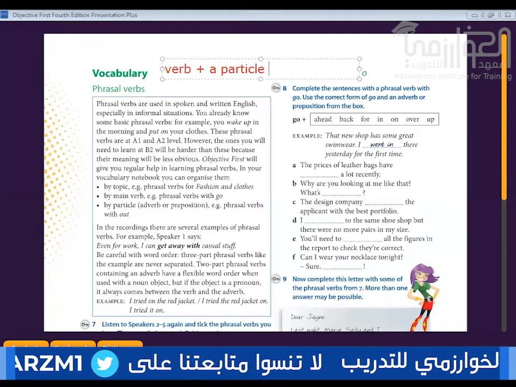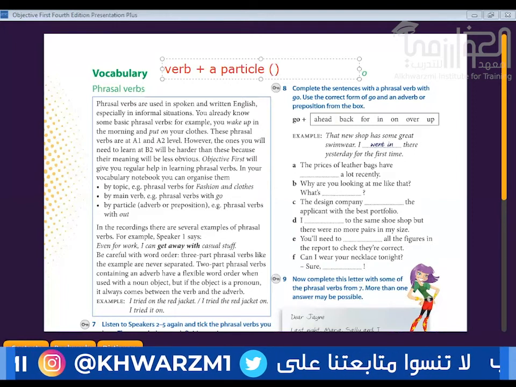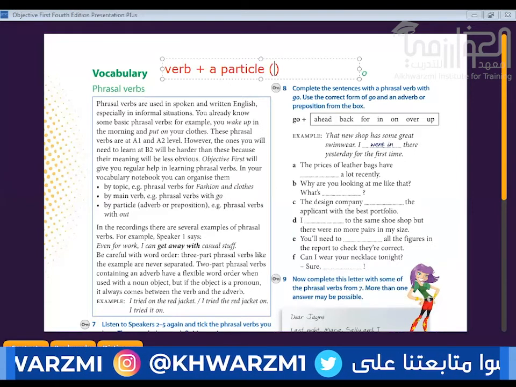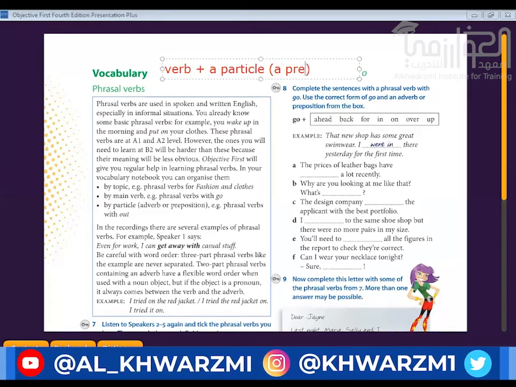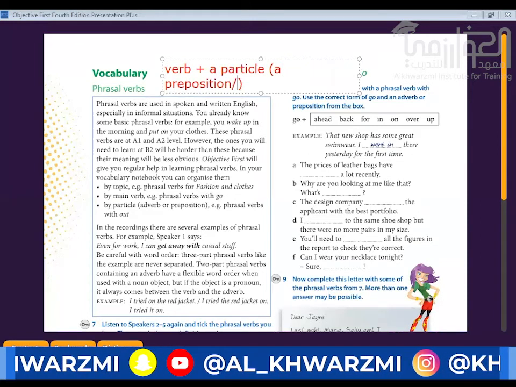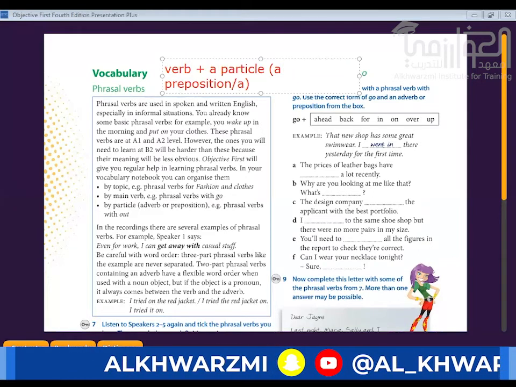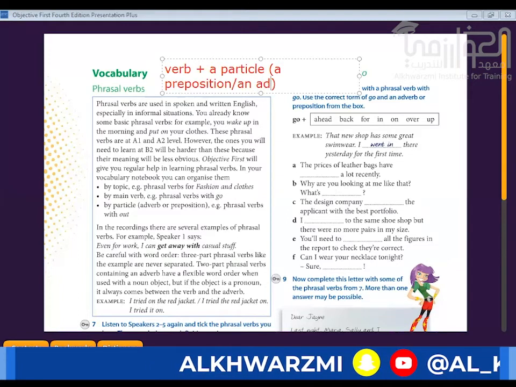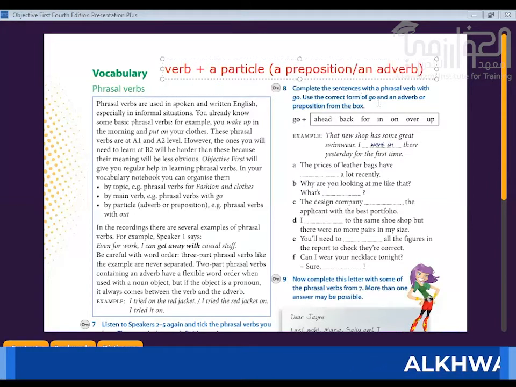Now, when we say a particle, we usually mean a preposition or an adverb. So this is what we mean by a particle, a preposition or an adverb.